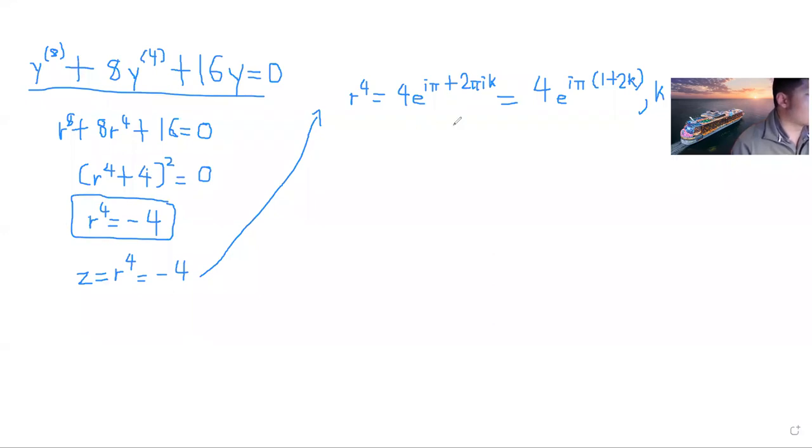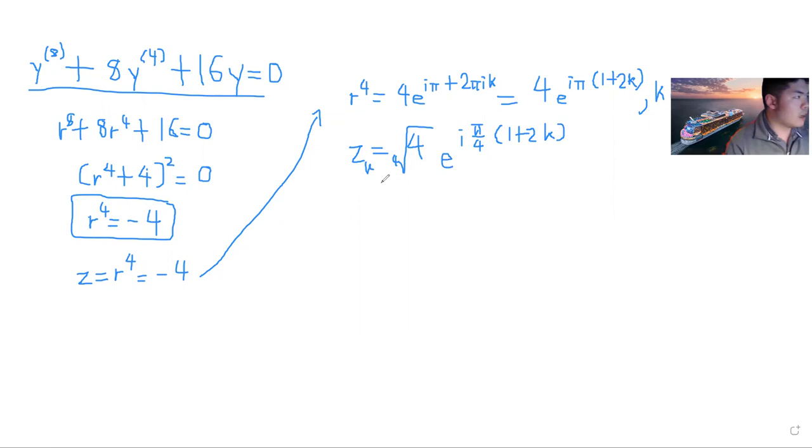Okay, r to the power of 4 is this, 4e to the power of i pi (1 plus 2k). Now z, obviously you have to take the fourth root. So then this is 4 to the power of 1/4, e to the power of i pi over 4 (1 plus 2k), z sub k.